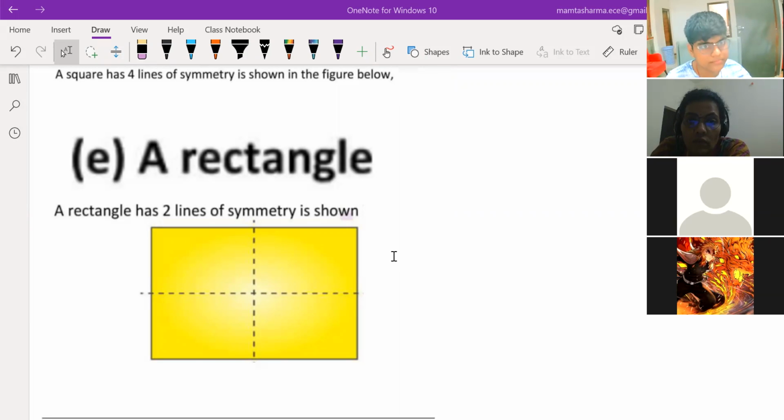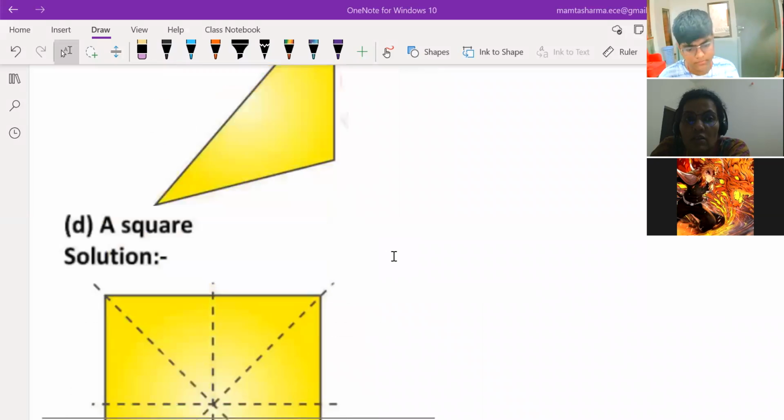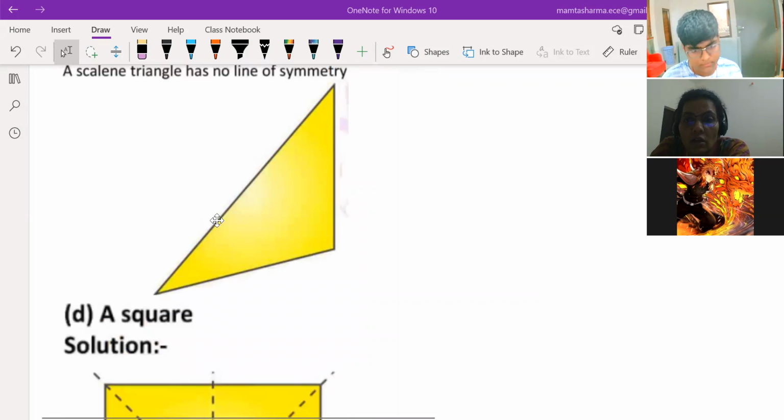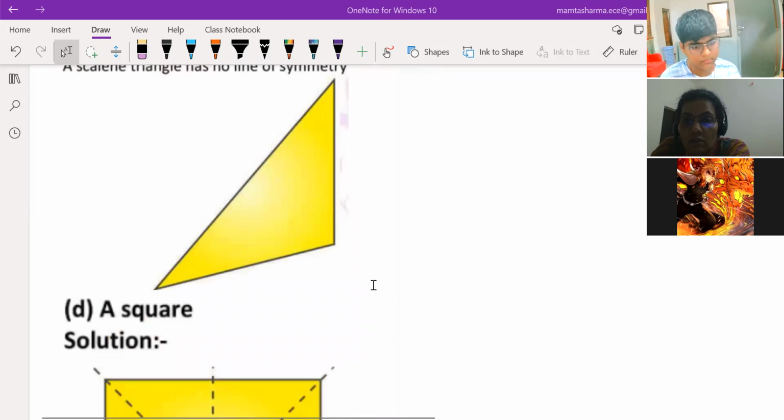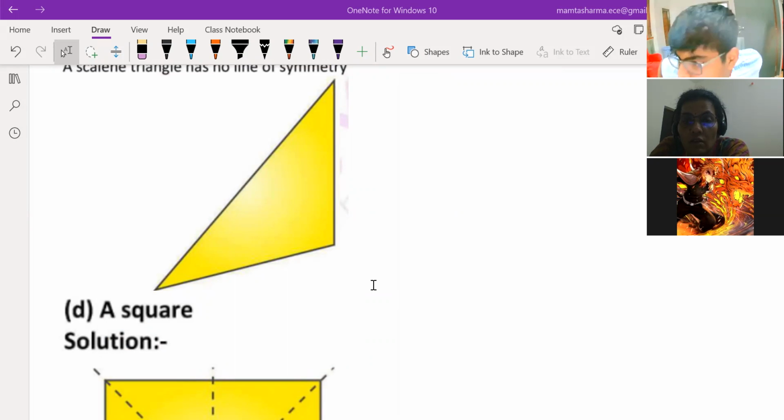Yes. Okay. Similarly, you have to cut your paper in the form of a scalene triangle and then try to fold it. Ma'am, I didn't understand.